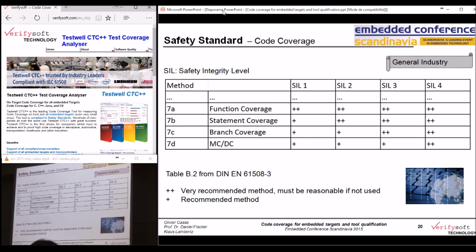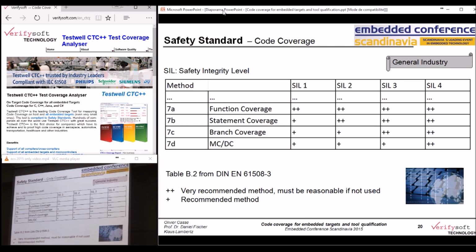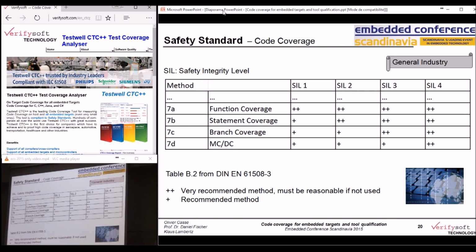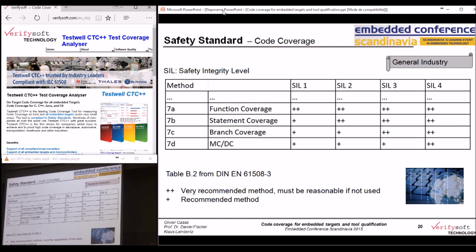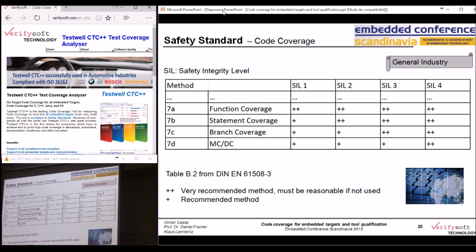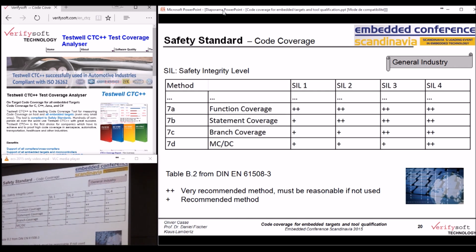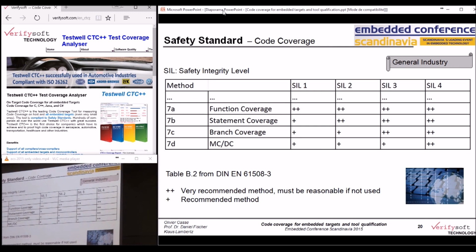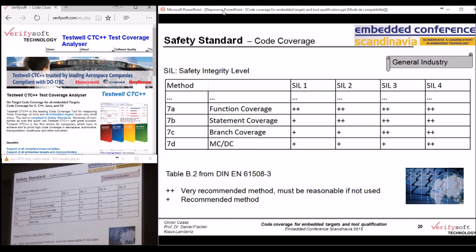You can see with the plus or the plus plus which level is needed for the SIL, the safety integrity level, so SIL 1 to SIL 4 from the less critical to the most critical one. For SIL 4 you need to run function, statement, branch, and MC/DC. For SIL 1 it will be good to do function, but if you don't do any statement or branch or MC/DC, it's not that crucial.